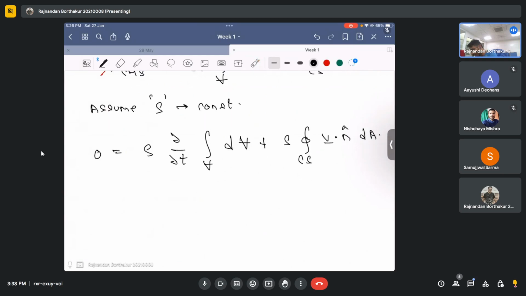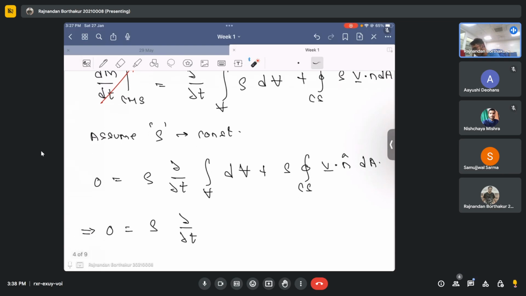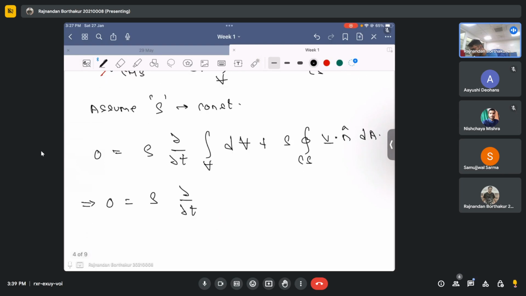Okay, so now let's simplify this. So this becomes rho times the control volume integral of dV. What does this term mean? It means I'm taking an elemental volume dV and integrating it over the entire volume, which is nothing but the volume of the control volume that I'm considering. So this becomes the area of the tank times h of t.